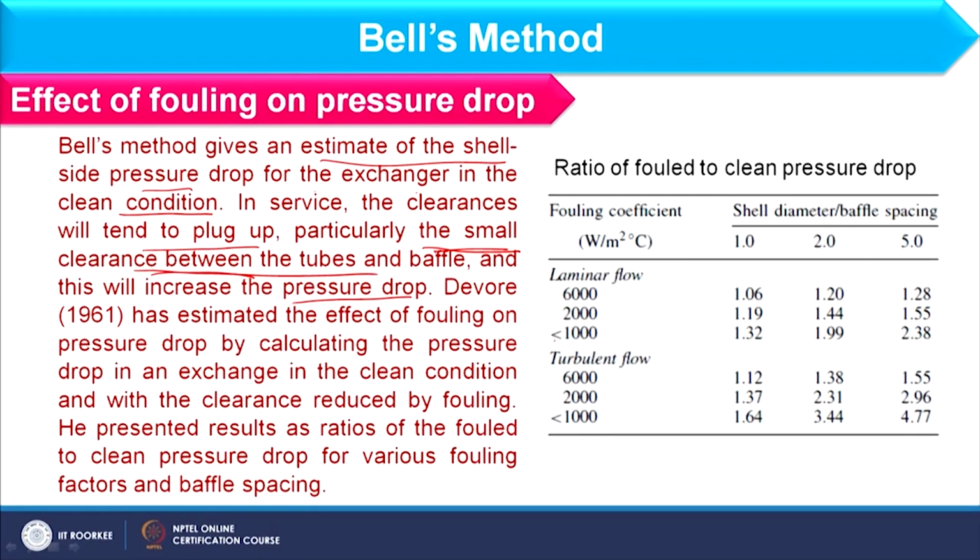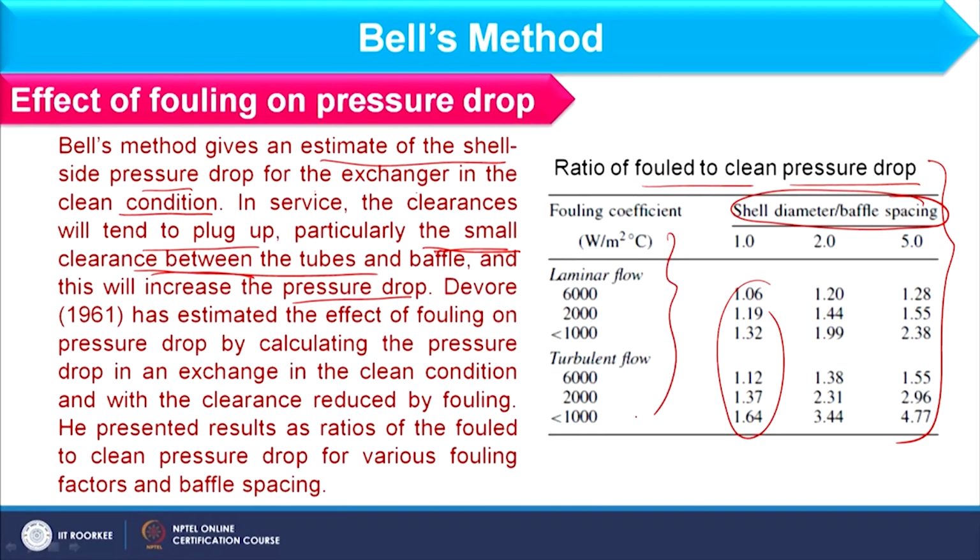Therefore, we can have one table where the ratio of foul to clean pressure drops is shown depending upon the baffle spacing and the regions. In this way we can find the pressure drop in fouling condition when I have already calculated it for clean condition using Bell's method, right.